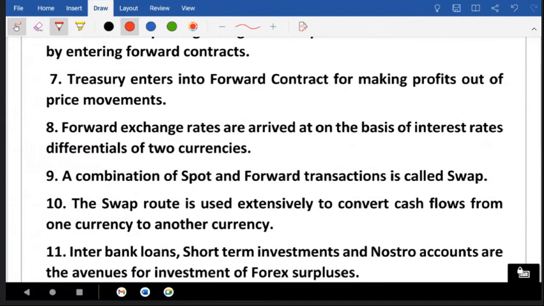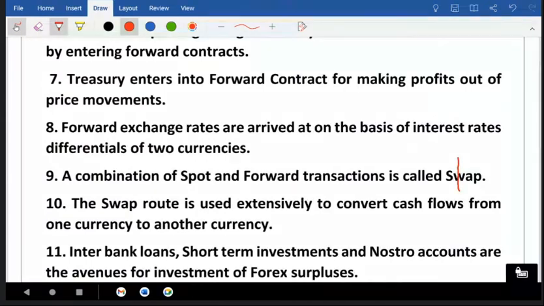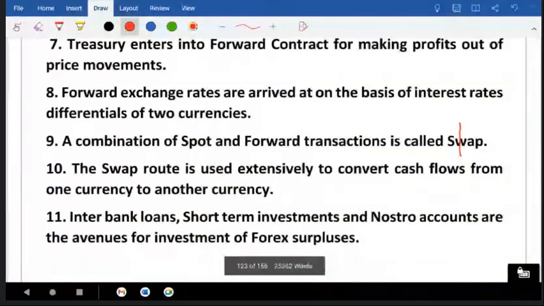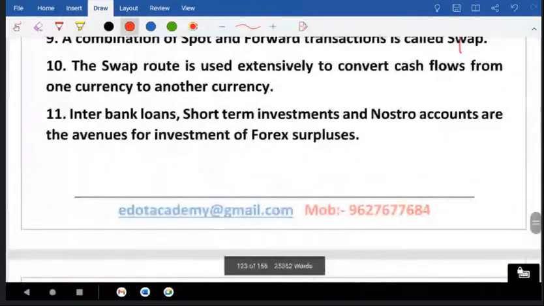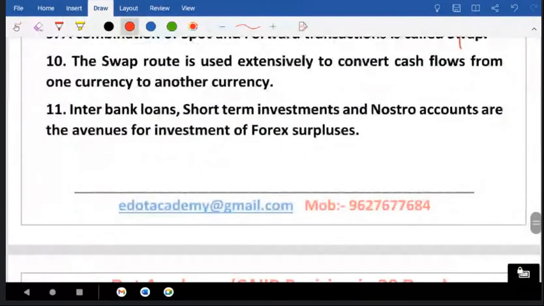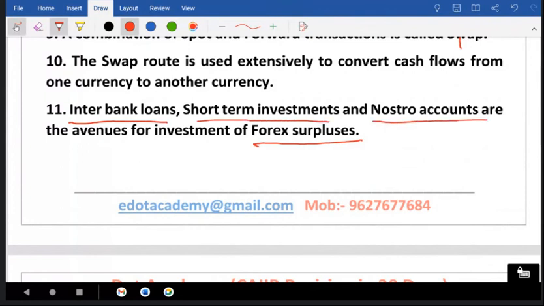Swap is used extensively to convert cash flow from one currency to another currency. I told you, swap is the conversion of one currency to another. Interbank loans, short-term investment, and nostro accounts are avenues for investment of forex surpluses.